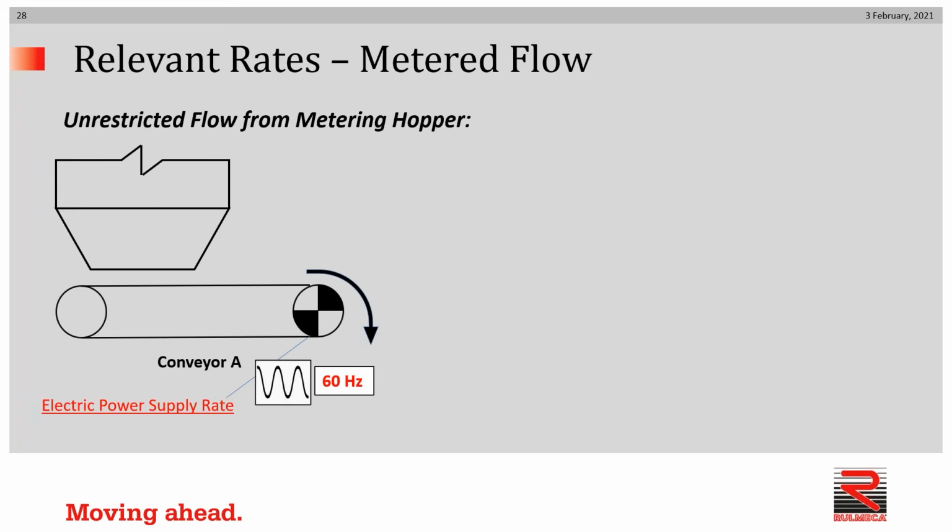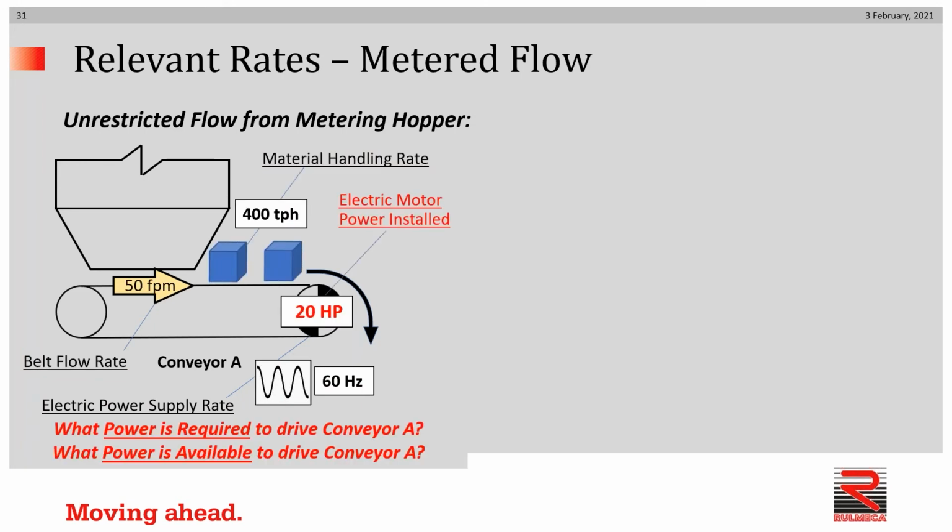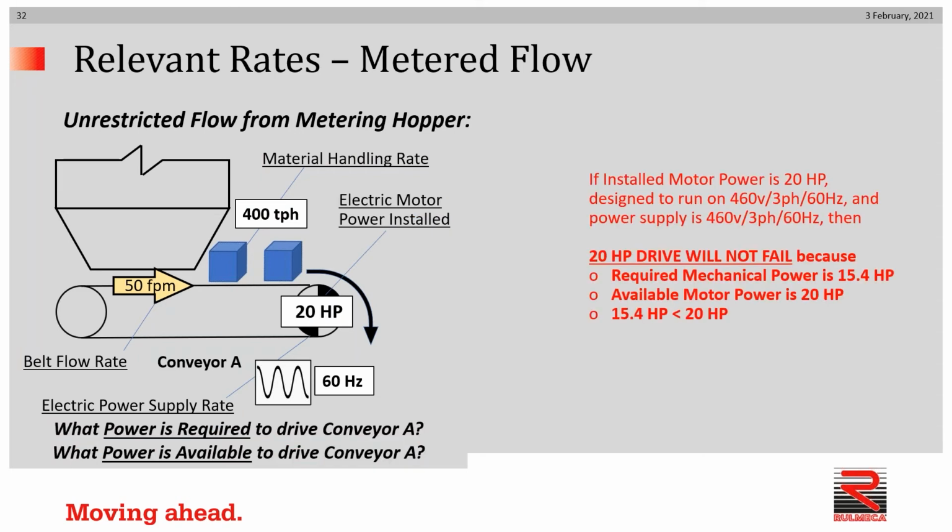If we set this drive system to run on a 460 volt, 3-phase, 60 hertz power supply, which is common and available, and we decide that 50 feet per minute will be our design rate to handle 400 tons per hour, we can calculate and select a 20 horsepower drive. What is available, what is required.